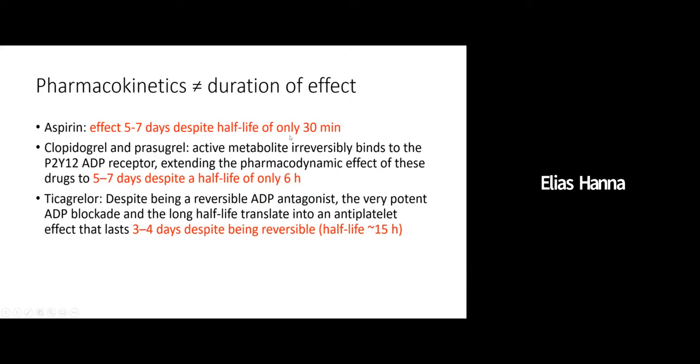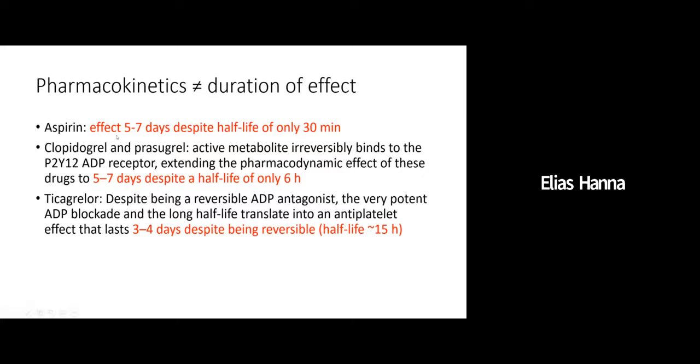Aspirin's half-life is only 30 minutes, but the effect is 5 to 7 days, simply because it binds irreversibly to cyclooxygenase 1. So basically, it comes in, it gets eliminated from the blood quickly, but in the process, it binds irreversibly to those receptors and it stays there for the life of the platelet.